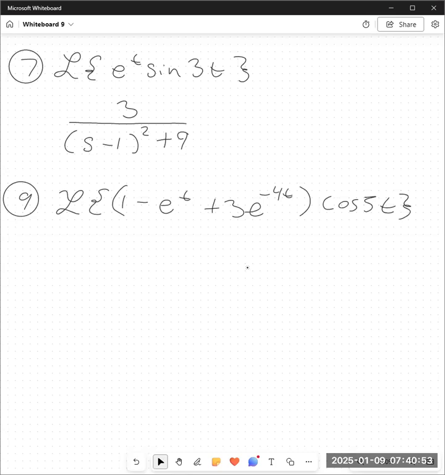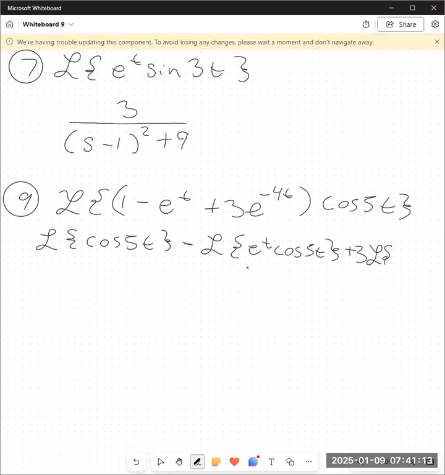So we have Laplace transform of cosine 5t minus Laplace transform of e to the t cosine 5t plus 3 Laplace transform of e to the negative 4t cosine 5t.